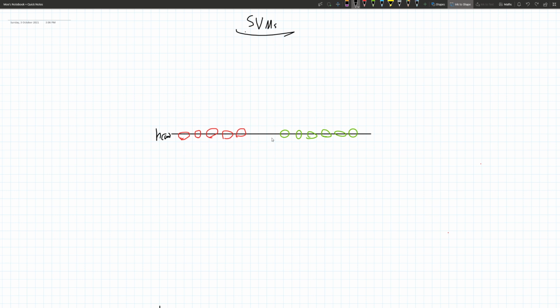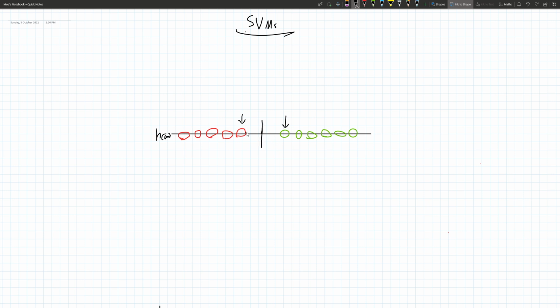So the basic idea of SVMs is that we need to maximize the distance between the threshold and the closest points, like this one and this one. We need to maximize the distance, which means that we need to pick the threshold like this.